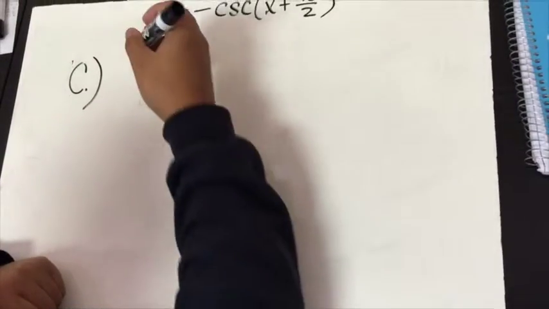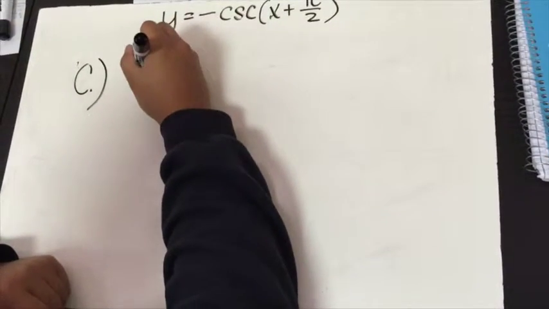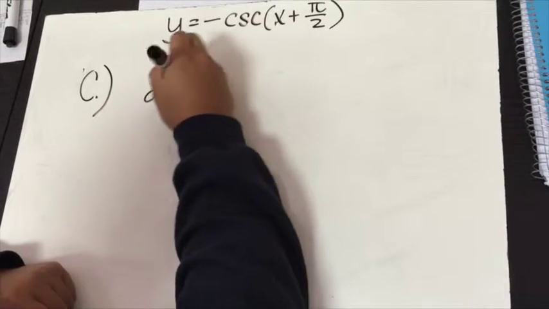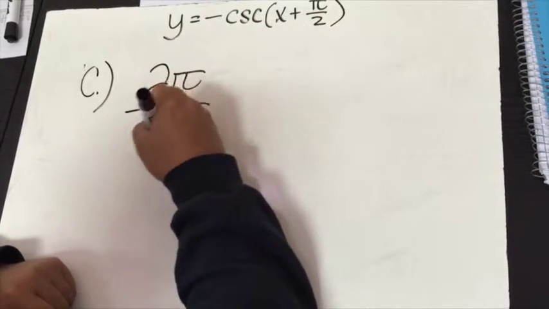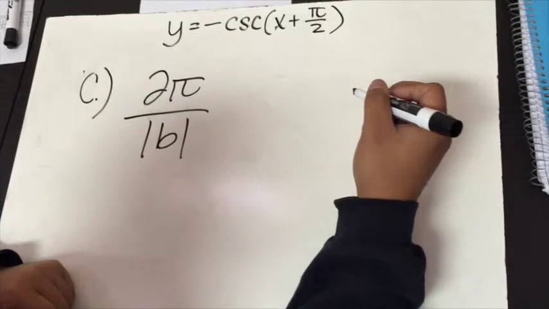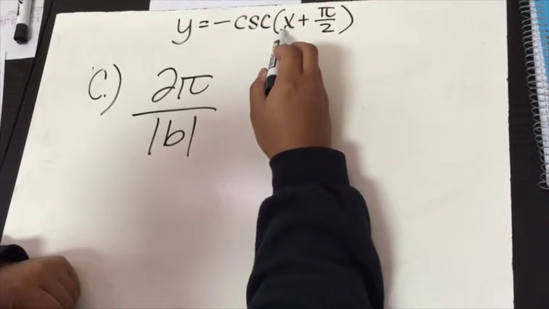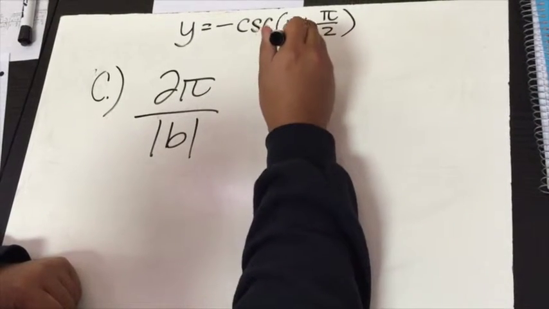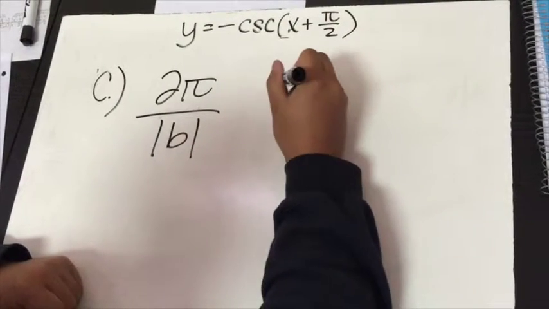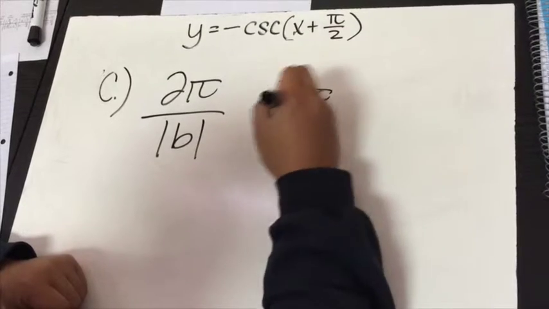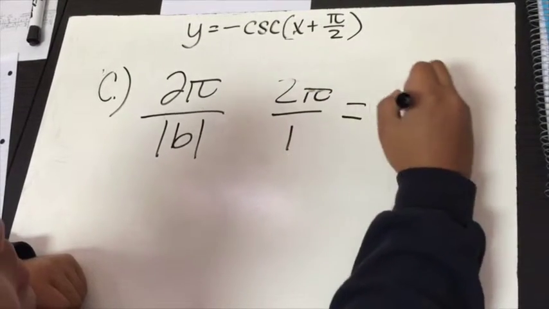Okay, so the period formula is 2 pi over the absolute value of b. So b in this case is, well, there is no b, so we can just plug 1 in for that. So 2 pi over 1 is the same thing as 2 pi.